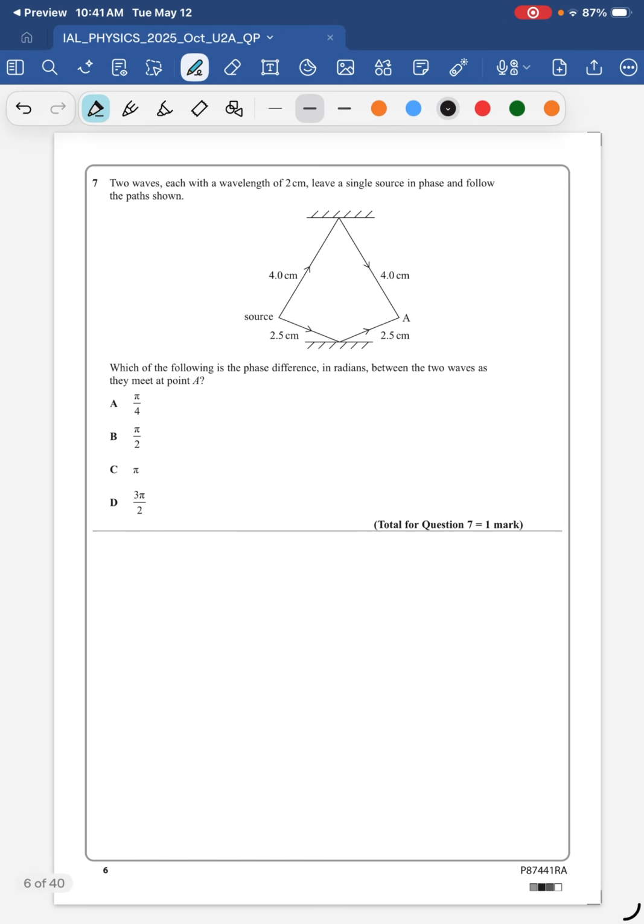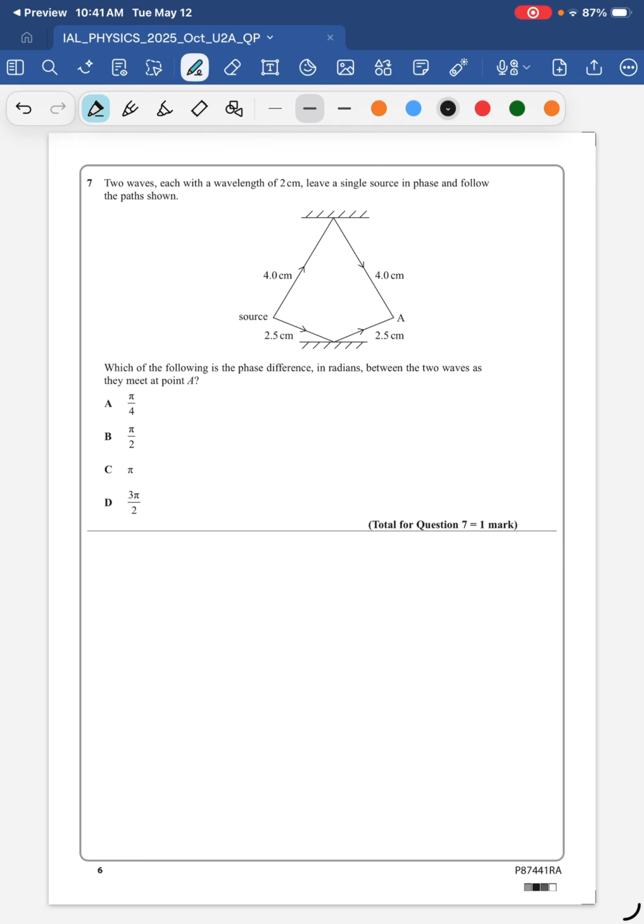So let's do question 7. Two waves, each with a wavelength of 2 centimeters, leave a single source in phase and follow the paths shown. So let me use two colors. So we have the first wave that travels in this direction, and then the second wave travels in this direction. Okay, so there is a path difference.